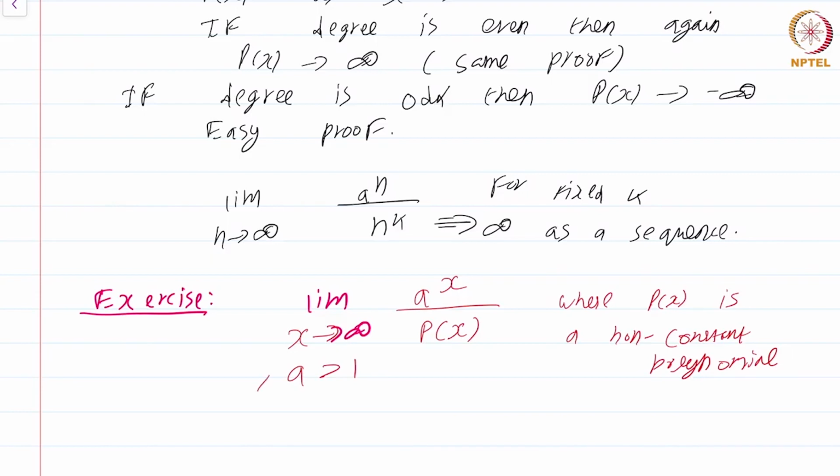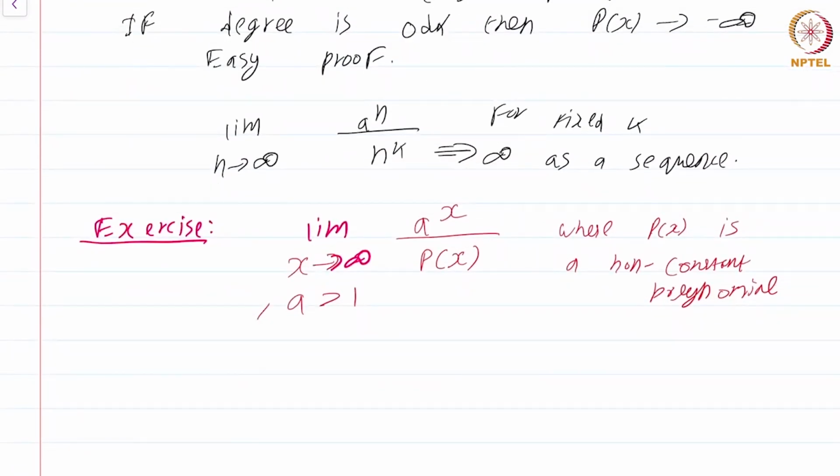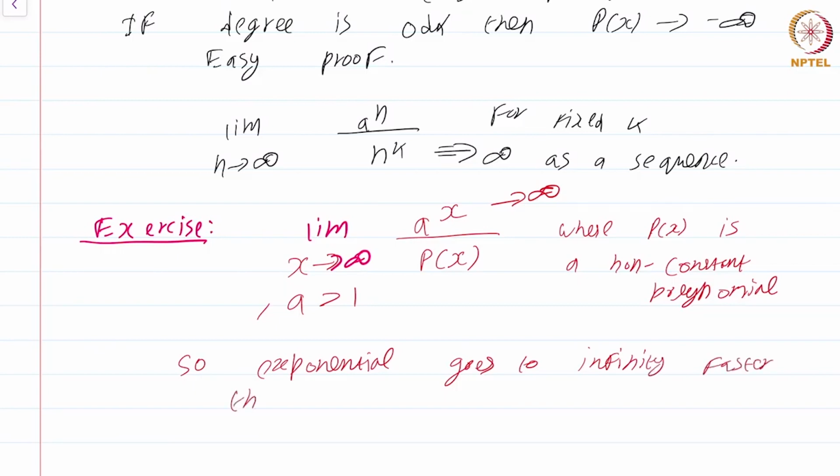This goes to infinity. So the exponential goes to infinity faster than any polynomial.